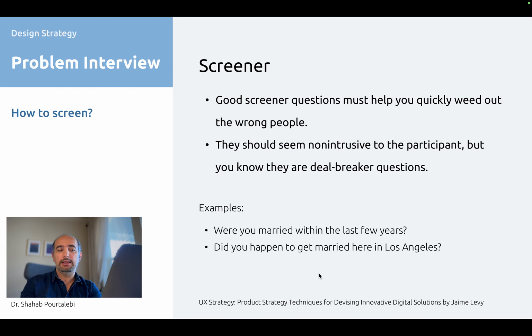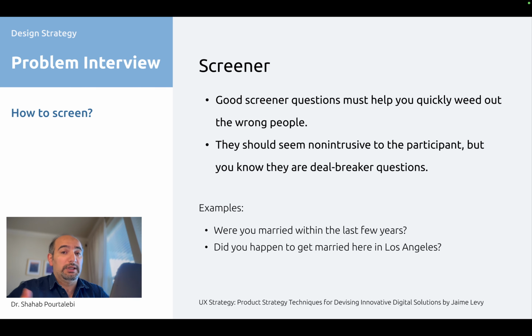Were you married within the last few years? If they are not married yet, or if they got married like 10 years ago, we don't want to interview them, because simply the things that were important 10 years ago might not be important anymore. We want to make sure that these people had some fresh experiences about choosing a wedding venue in Los Angeles.